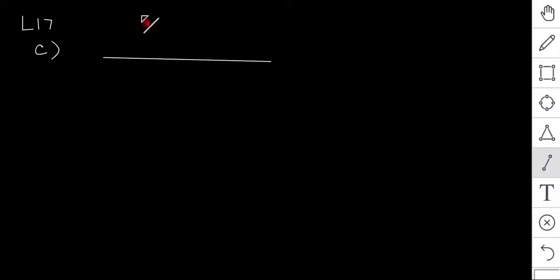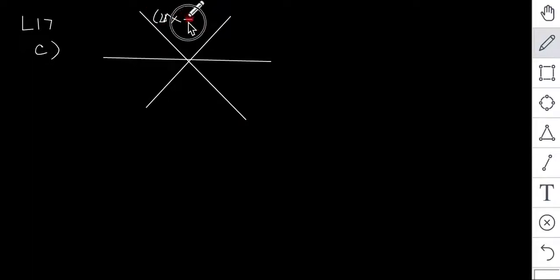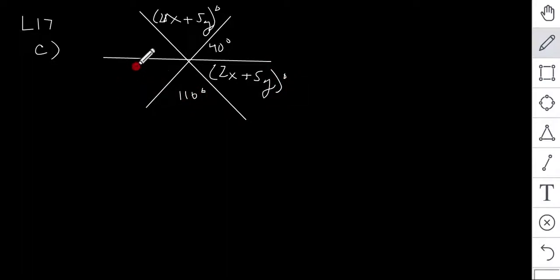We have some things that are filled in. We have 20x plus 5y degrees. We have 40 degrees. And we have 2x plus 5y degrees. We have 110 degrees, and that's it.